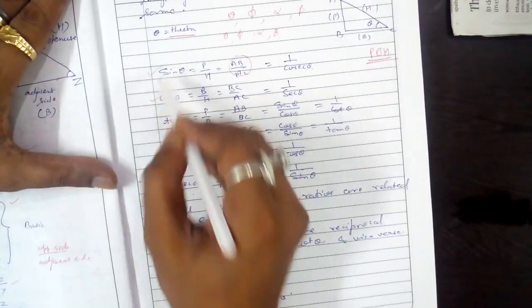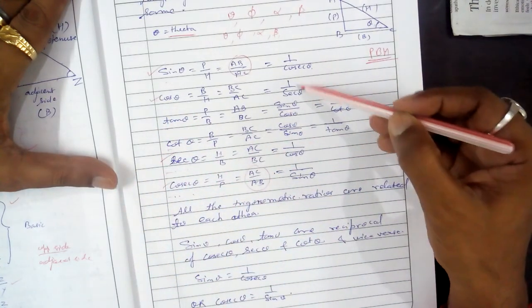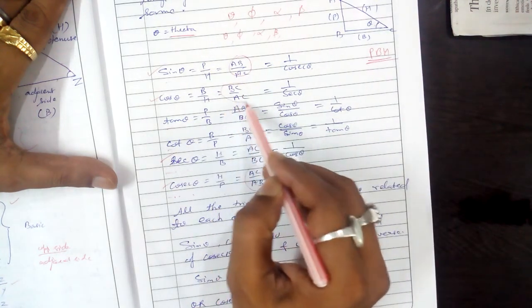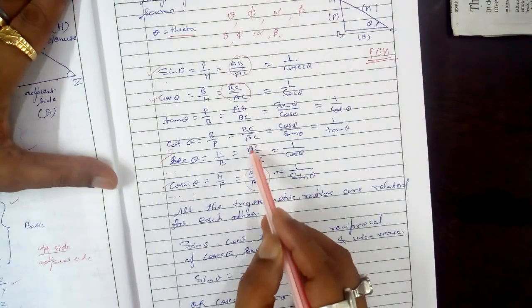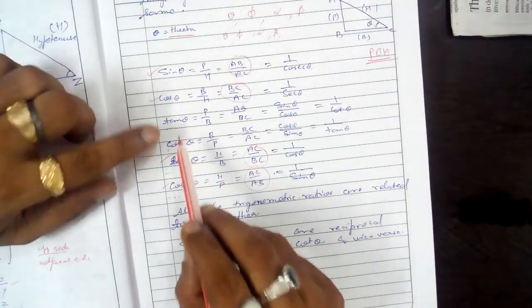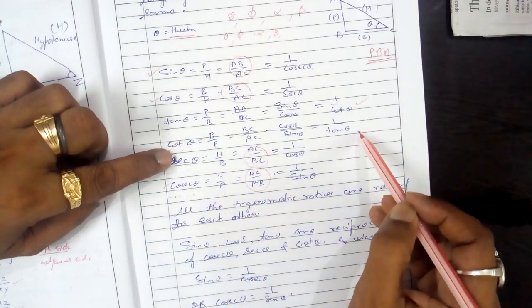Similarly, cos and sec have a relation, 1 upon sec and 1 upon cos, because BC upon AC is the reciprocal of AC upon BC. Tan is the reciprocal of cot, and cot is the reciprocal of tan.